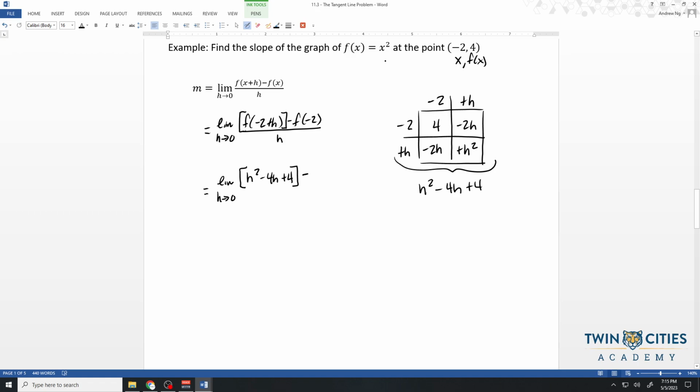Now that's fine for something as basic as x squared. But if I've got a really complicated function, I could just look at this point. This point is x, f of x. When I plug in x, I get back f of x. That's 4. f of -2 is 4. And this is all over h.